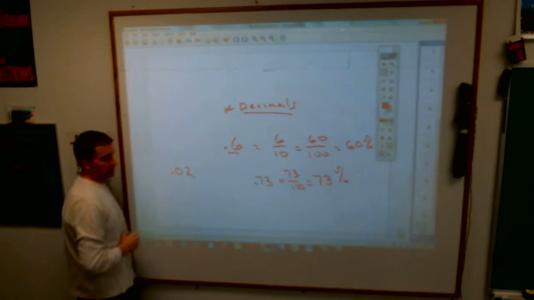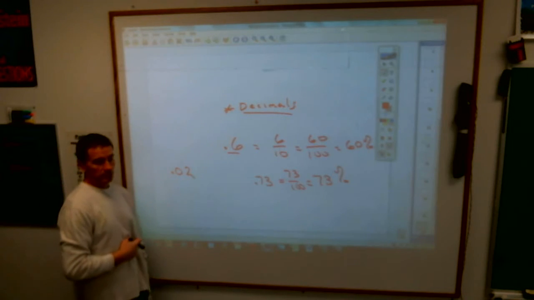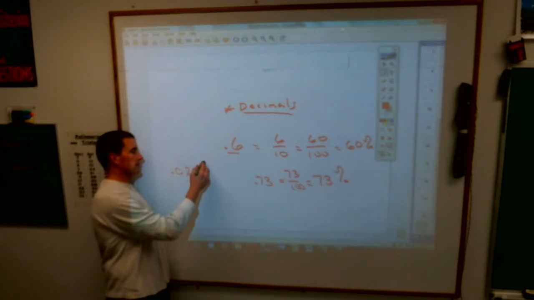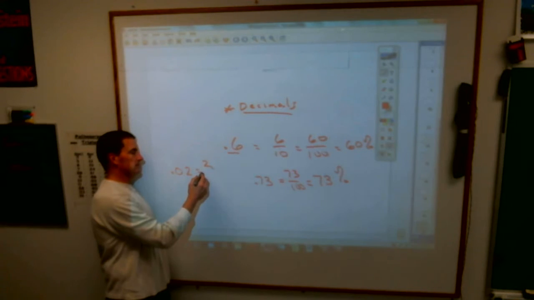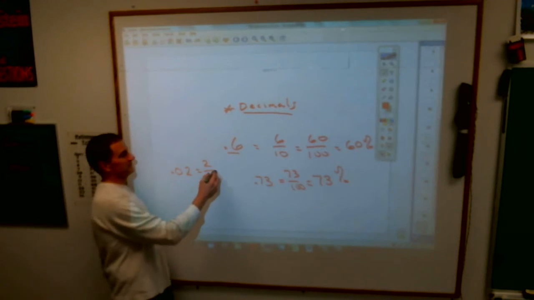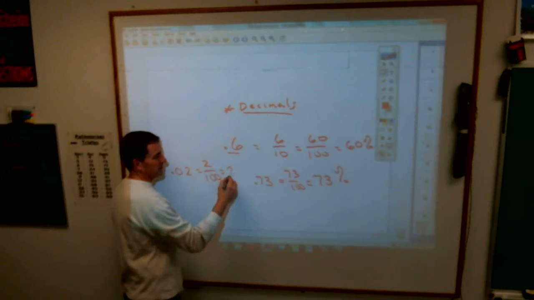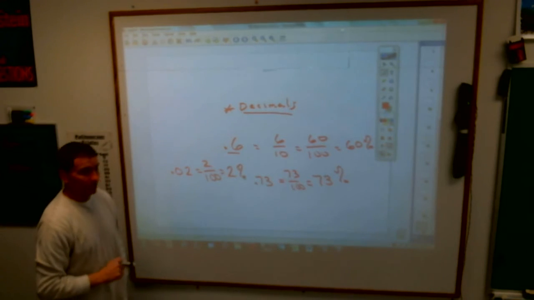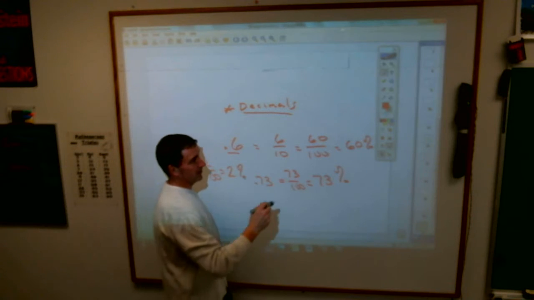Or what about this? 0.02. 0.02 is what as a fraction? 200. Alright, why would I change it to 50s if I'm looking for hundreds to percents anyways? I understand where you're going with that, but it's 2%. Now, is there an easier way to think about decimals rather than thinking about that fraction thing?